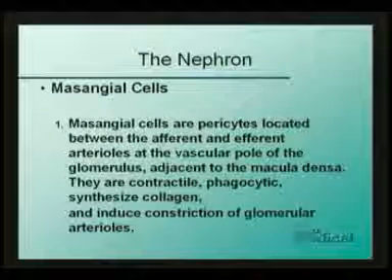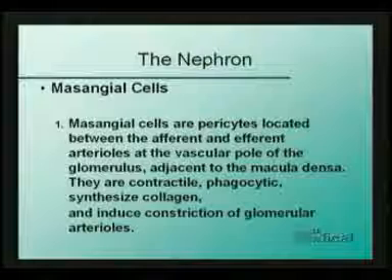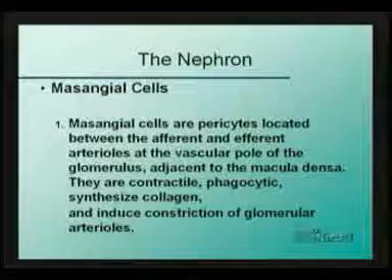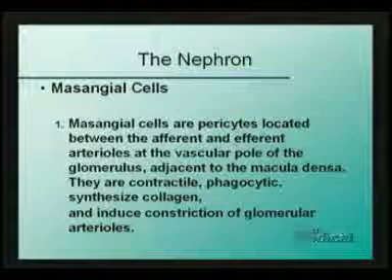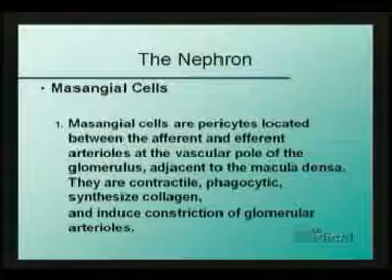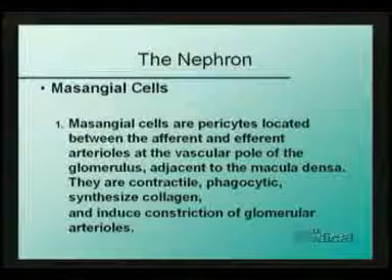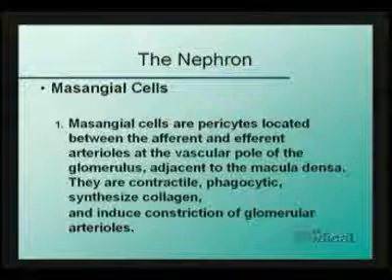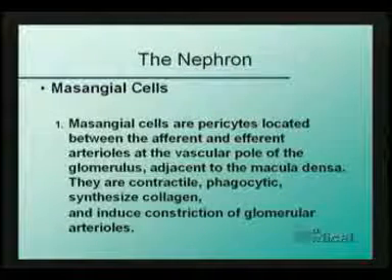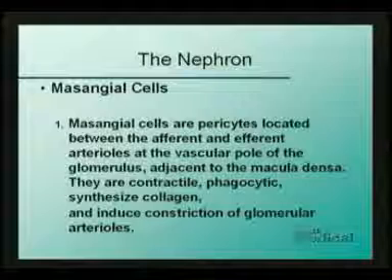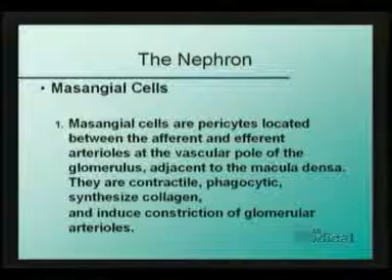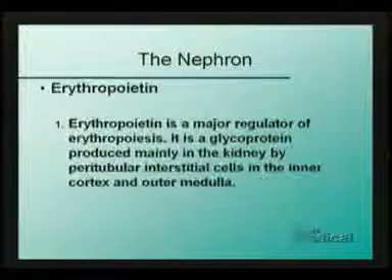These cells we now know are contractile, phagocytic, and capable of synthesizing collagen, and they produce factors that induce constriction of the glomerular arterioles and therefore can regulate the filtration rate by changing the luminal diameter of those arterioles. So they have much more of a functional significance than we previously thought.